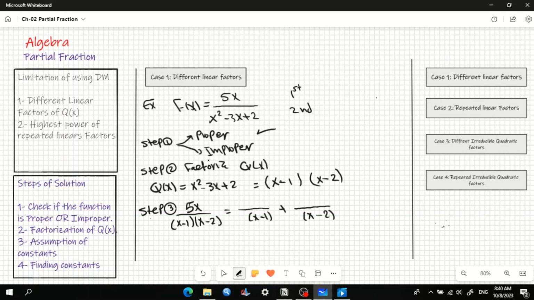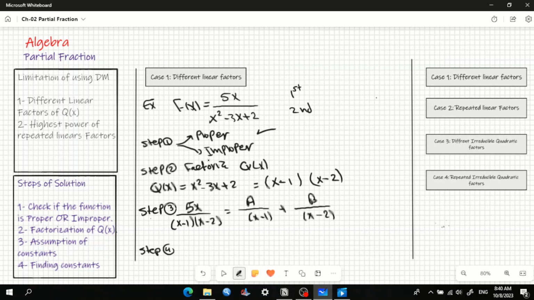In our third step we assume our constants, here A, here B. Last step is to find A and B.